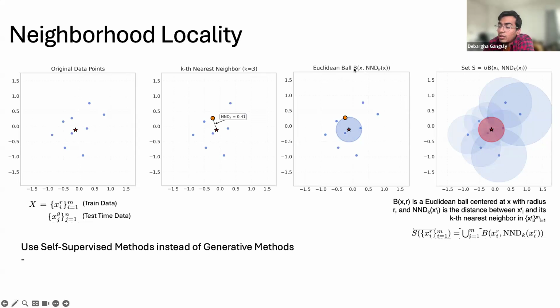We want to draw a Euclidean ball centered around the point x with the radius of nearest neighbor distance of k of x. And you want to take the set of all these balls, that is, for every single one of these points, you're drawing balls. And then we're actually computing a local transform based on these Euclidean balls.